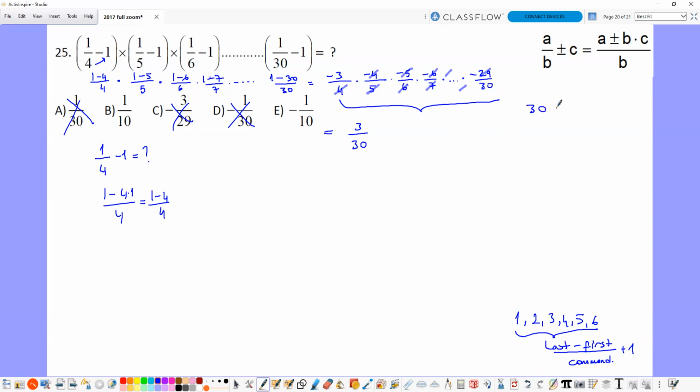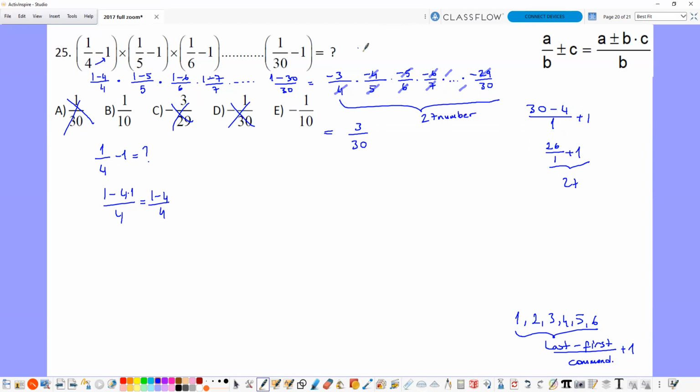The first digit is 4, and the common difference here is 1, then plus 1. 30 minus 4 is equal to 26, divided by 1, plus 1, which is equal to 27. So there are 27 fractions here.